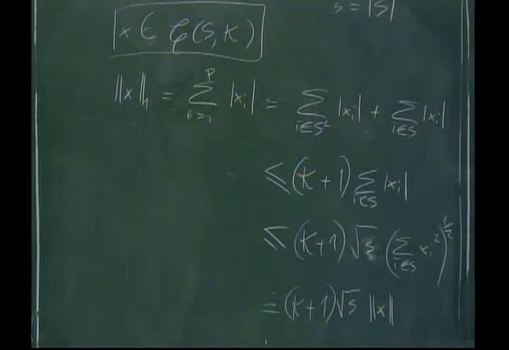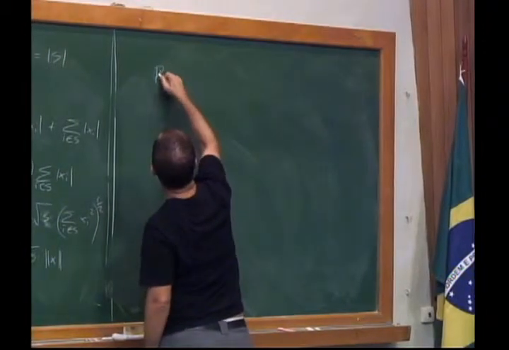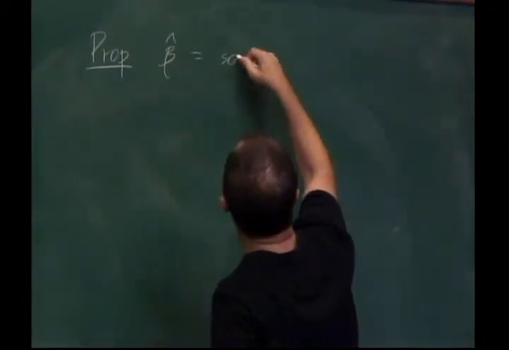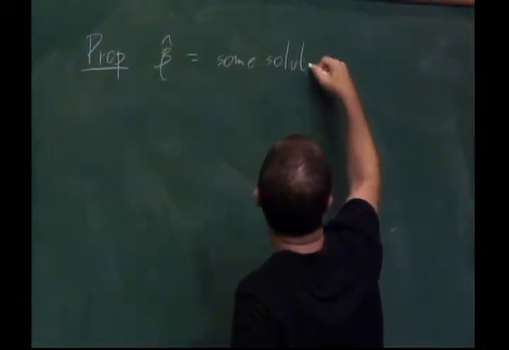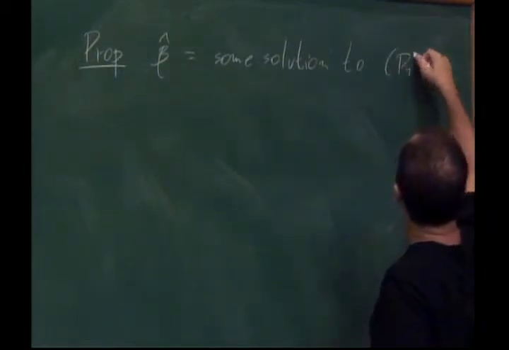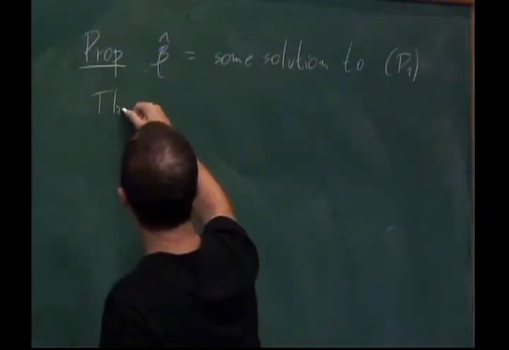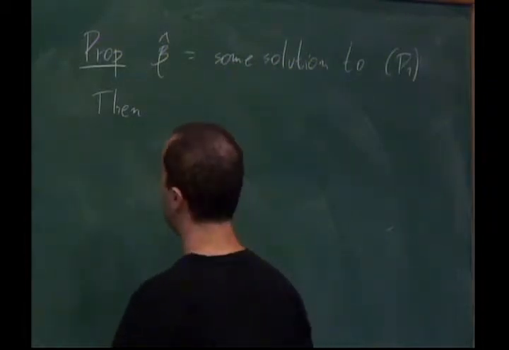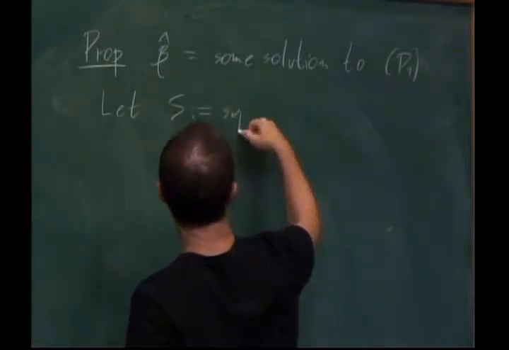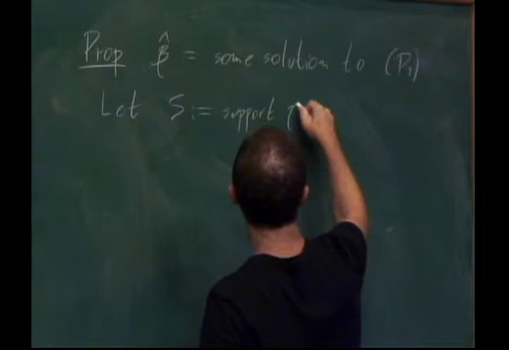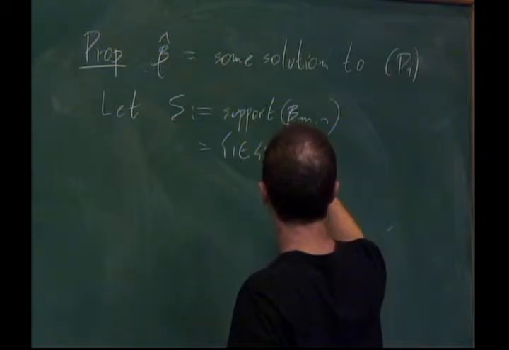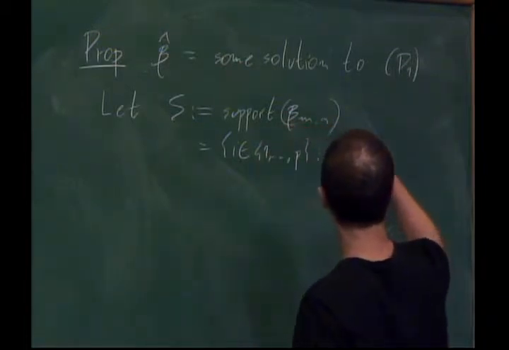Which is the following. It's a proposition. Take beta hat as a solution to the problem P1. And then let S denote the support of beta min, which is just the set of coordinates of beta min that are non-zero.